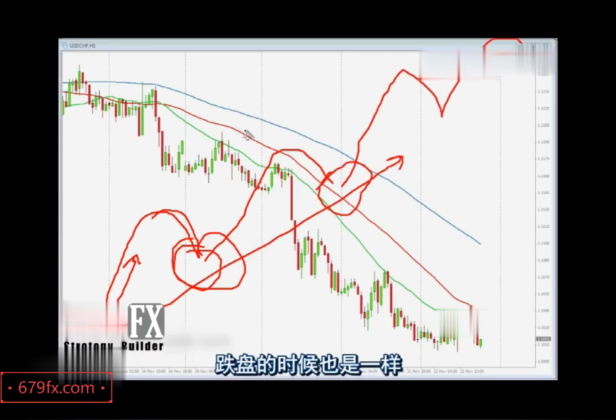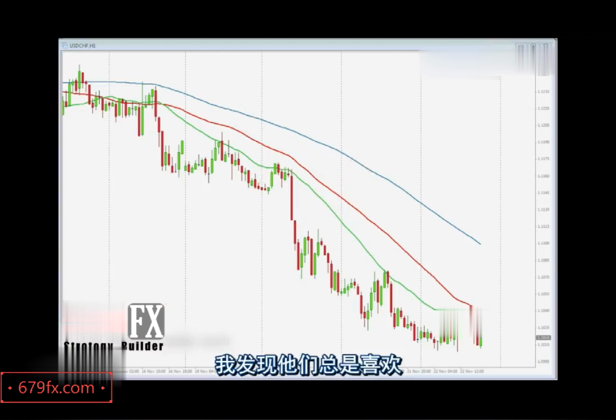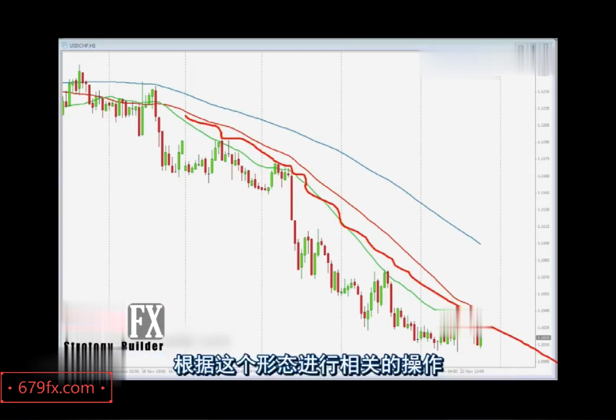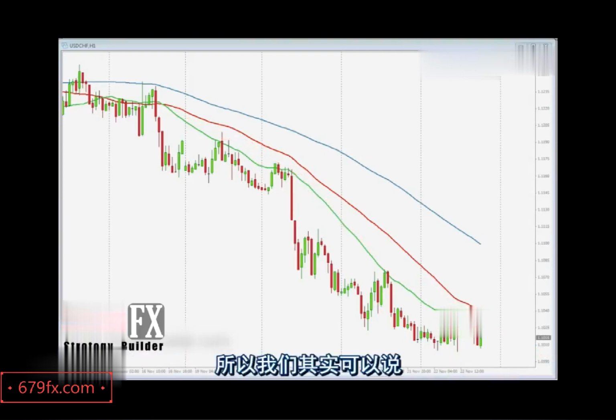Same thing as in a downtrend. And I know for a fact that they like to keep an area on these retracement areas, around the 30 and the 50 simple moving average, to adapt to their position. So let's say that the area between the 30 and the 50 moving average is a decision-taking area.